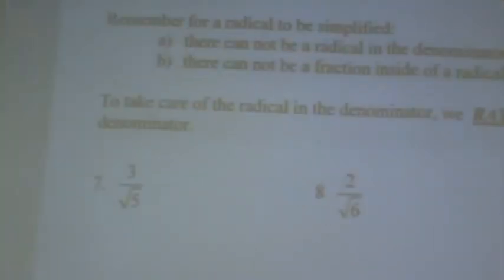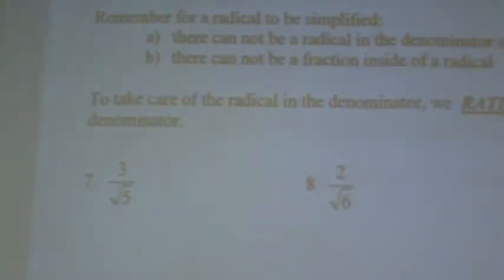That's what we're doing. So the first thing you're going to have to realize, though, is with fractions in radicals, we cannot leave a radical in the denominator. What we will do is we will rationalize the denominator. You're going to get rid of any radical in the denominator.